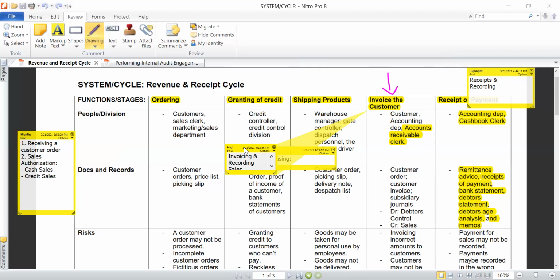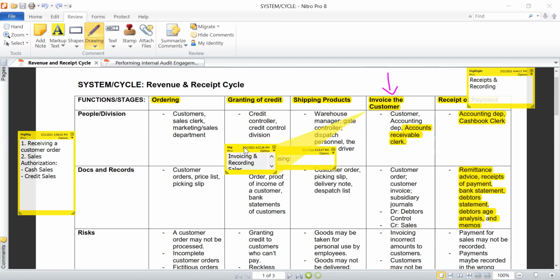Okay, so the debtors' age analysis, how it works, that particular analysis is used so that we can keep track of what customers are owing us based on time frame.